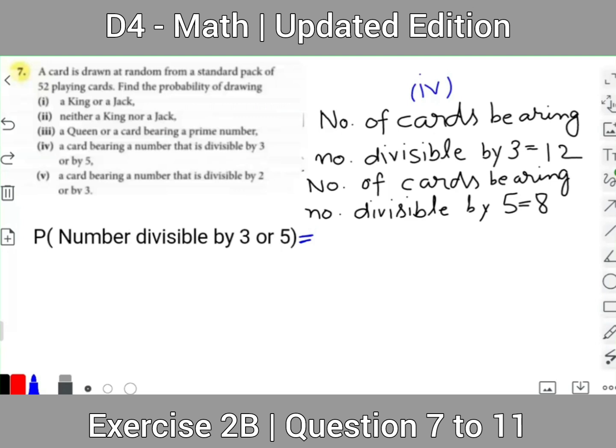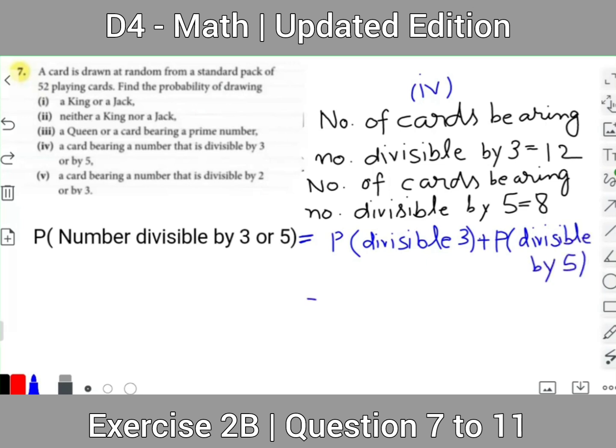So the probability of divisible by 3 plus the probability of divisible by 5, and that is 12 over 52 add 8 over 52.